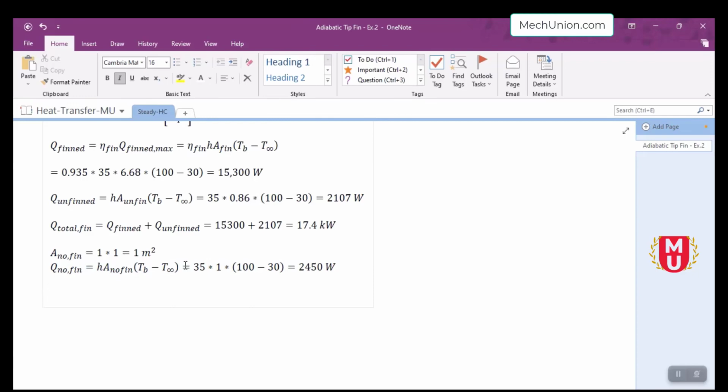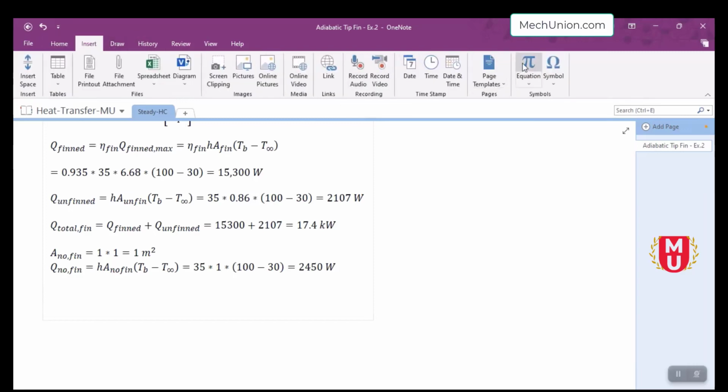And then the fin effectiveness becomes epsilon of fin.